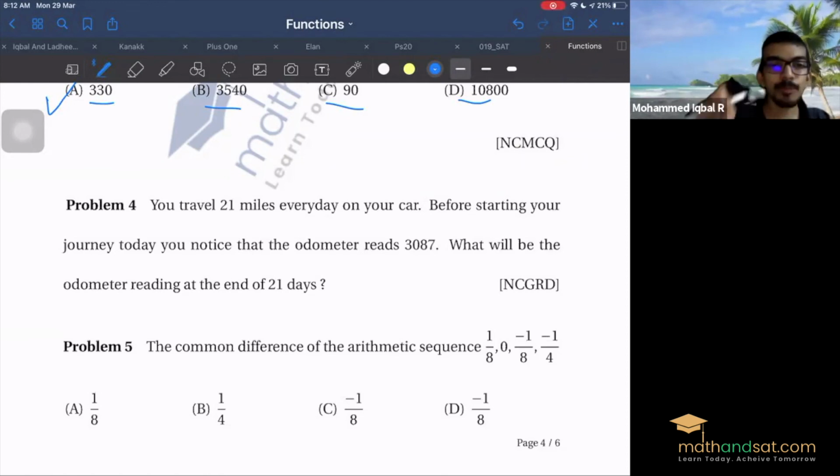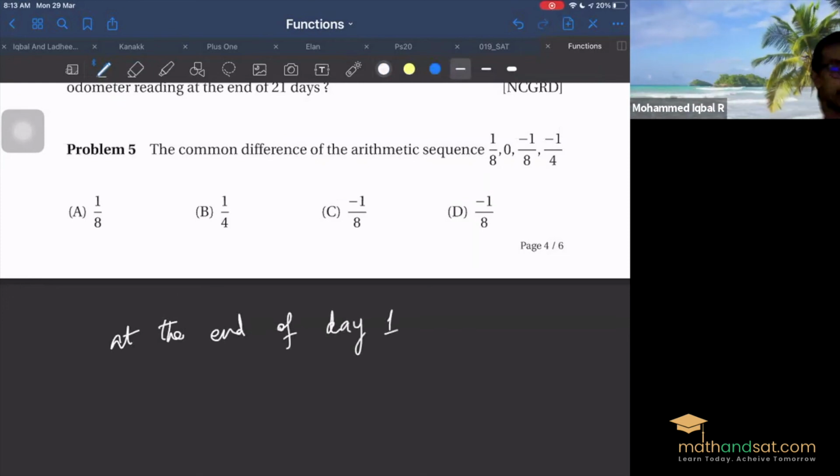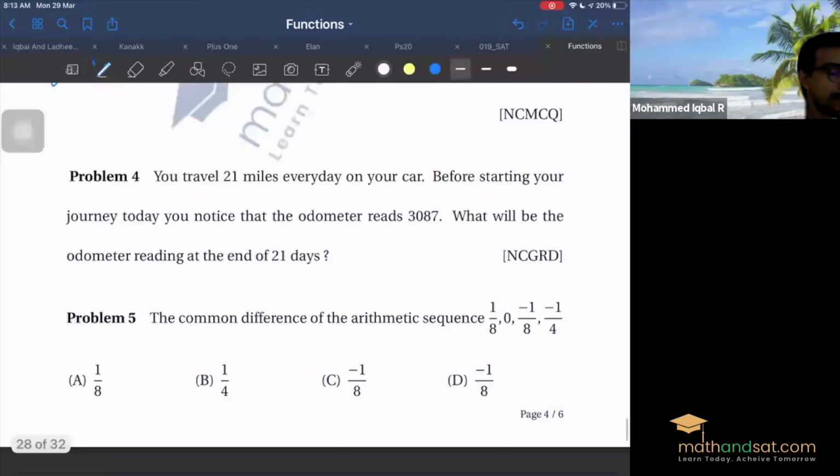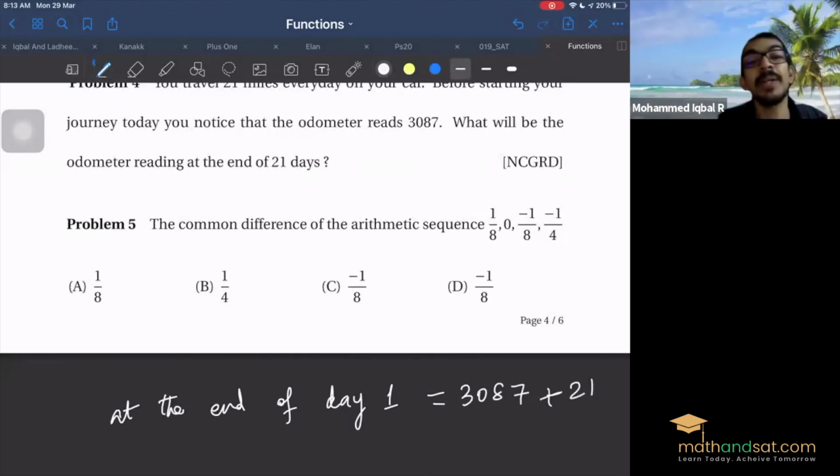Every day you're traveling 21 miles, and before you start, the reading on your odometer says 3087. At the end of day one, that is today, the reading will be 3087 plus 21, because you would have traveled 21 miles going to school and coming back.